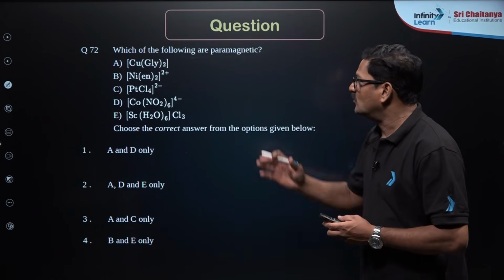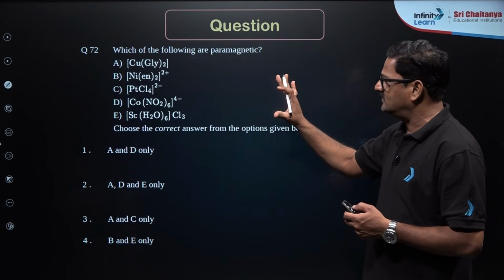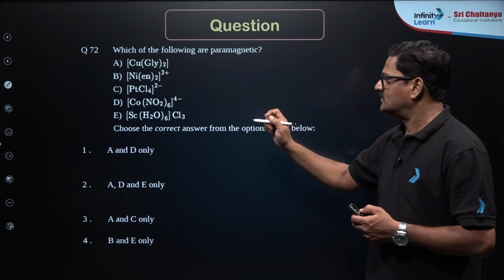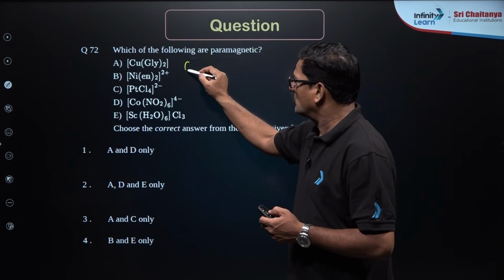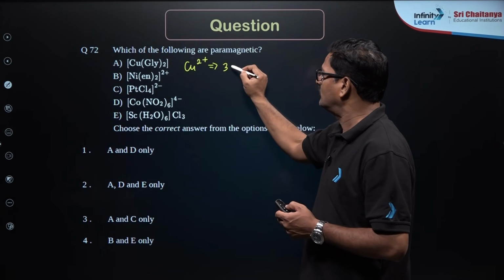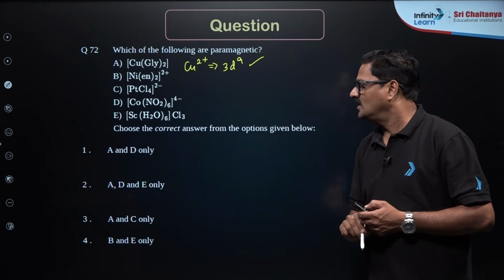Students, you can see here, which of the following are paramagnetic? Simply by looking at these structures, you can identify the oxidation state. Copper 2 plus, you are going to have d9 configuration, it is going to be paramagnetic.